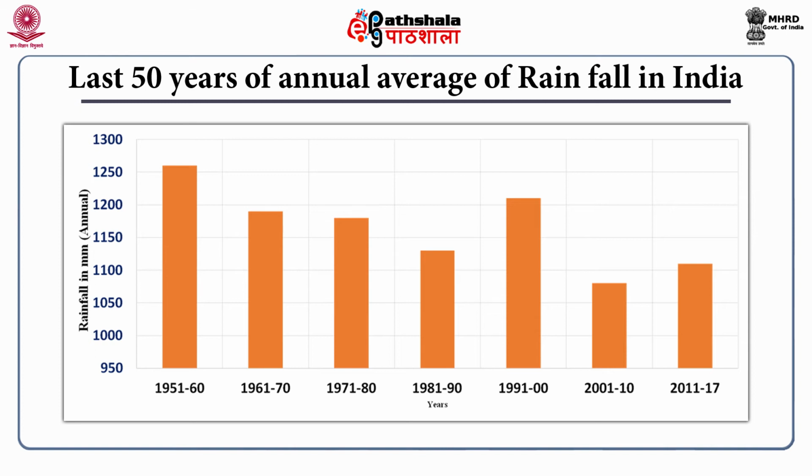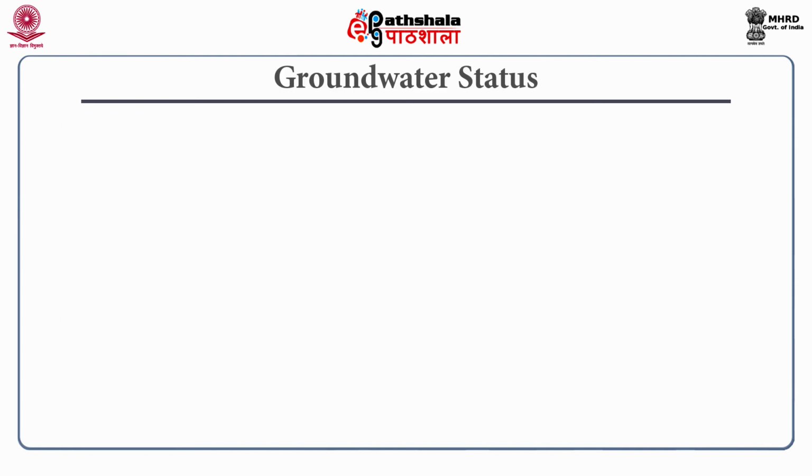So, one thing is evident from this figure, that except one aberration in the 1990 to 2000 decade, most of the time the rainfall is decreasing with time. This is also a serious concern. Interventions are required at this level, because if we do not improve our environment, there may be shortage of water in the near future. After rainfall, let me have a look at the groundwater status of India.